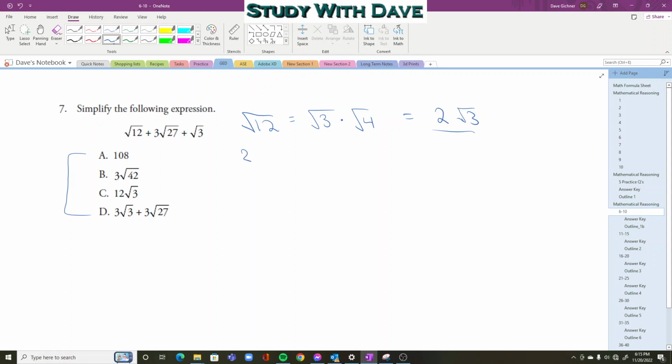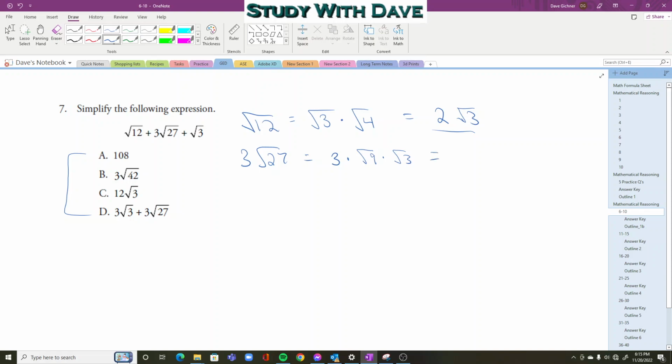3 root 27. We're going to keep the 3 out here and just say 3 times. Now root 27, what's that? It's going to be 9 times 3 is equal to 27. So we can break it down and say square root of 9 times the square root of 3, and that's equivalent.